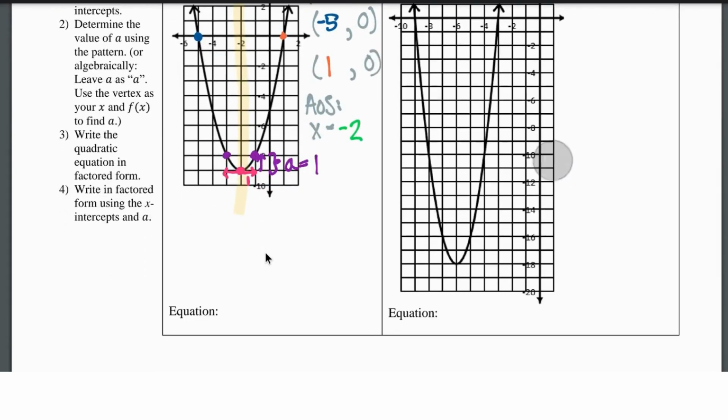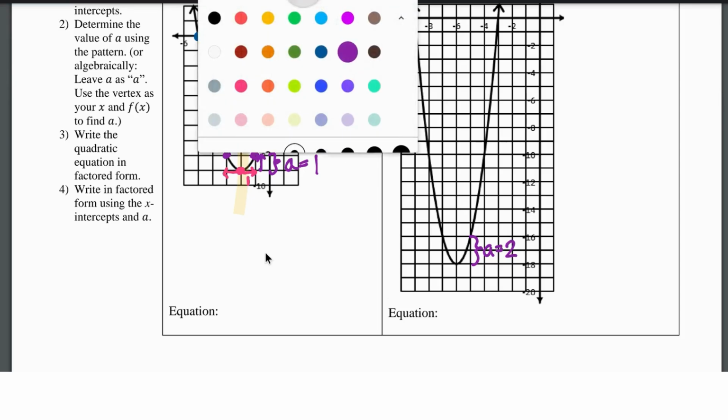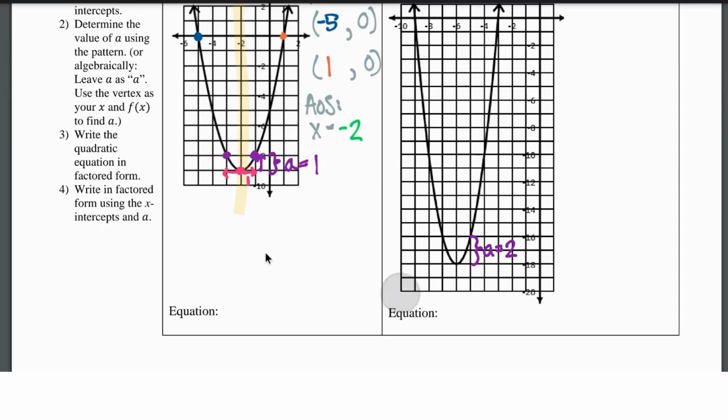If I think about the same idea on this one, you can see that this graph is going up by 2s. So for this one, that's going up 2 for that point. And I can always double check. Remember that if a is 1, the next group of points should go up 3, and then up 5. So that does confirm for us that a is 1.